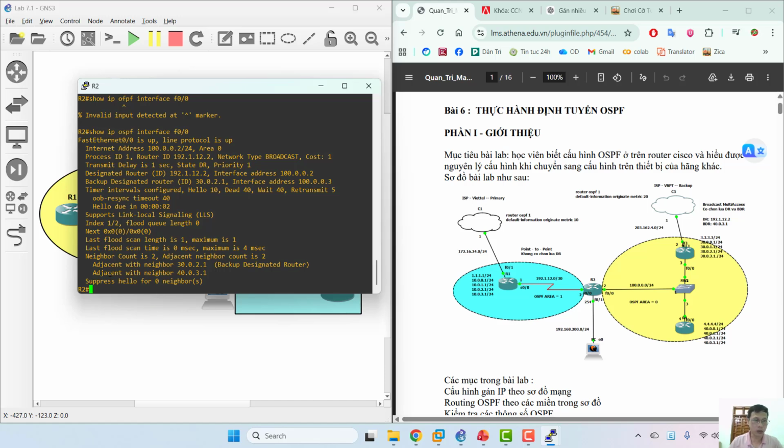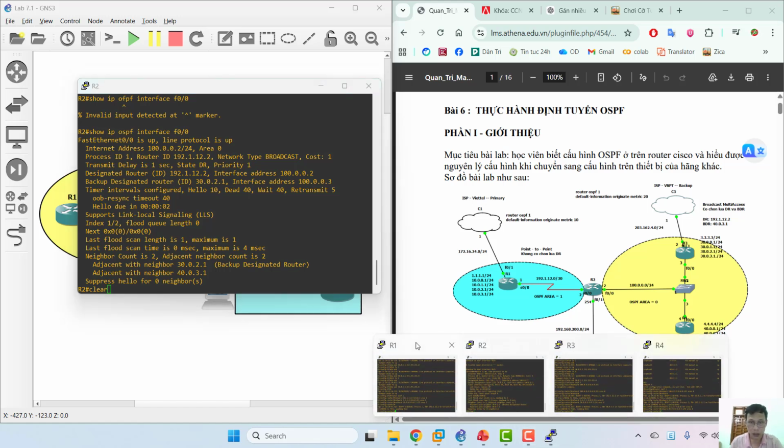So we should clear the routing and reset the configuration. So we enter the line to clear every router.